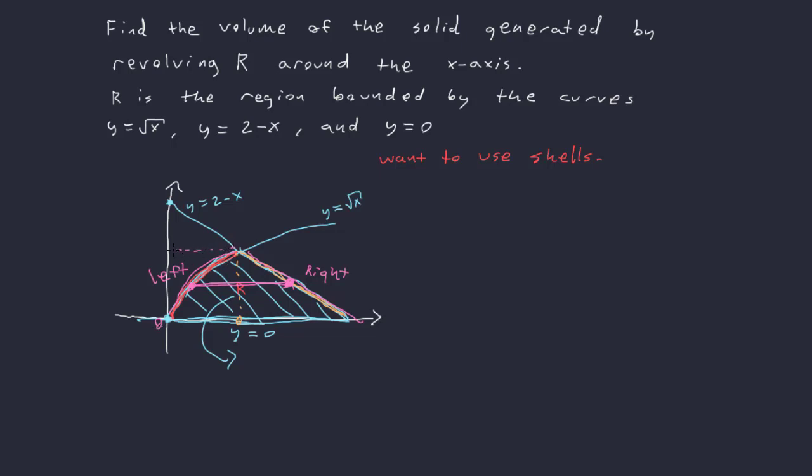We just need to figure out what this y value is there. So I'm going to start converting this over to an integral in terms of y so I can use shells. This conversion shouldn't be that bad. y squared is equal to x. This one shouldn't be that bad either. You'll get y minus 2 is equal to negative x. So x is equal to 2 minus y.